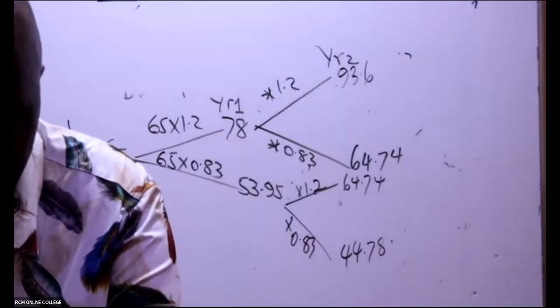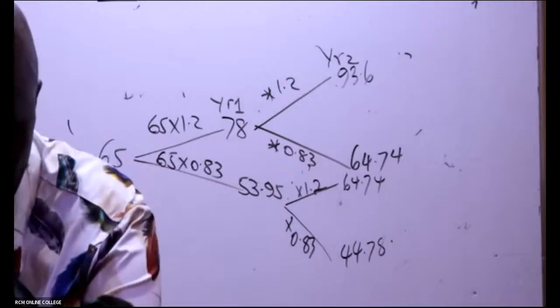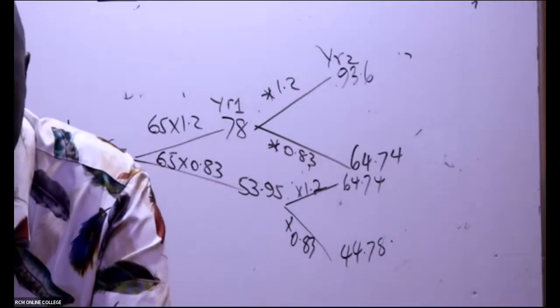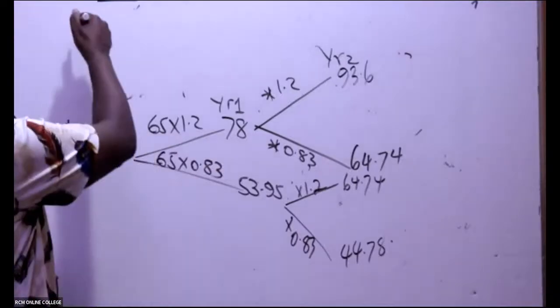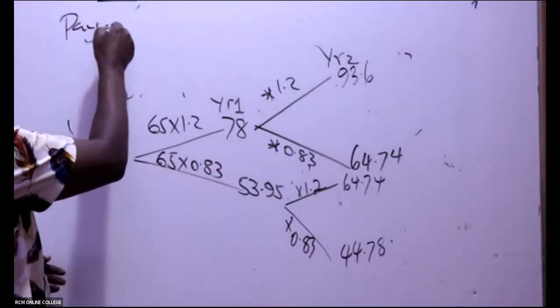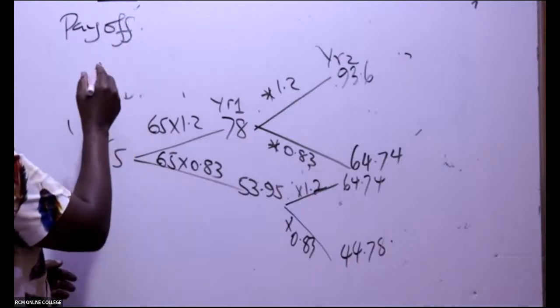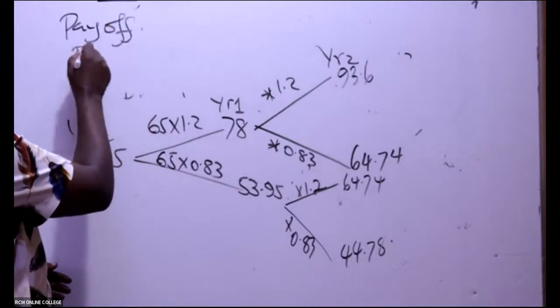Then, ladies and gentlemen, after you have been able to do that very well, please look at your question. The next thing will be for us to get what we call payoffs. How do we get these payoffs here for a put? Remember, this is a put.